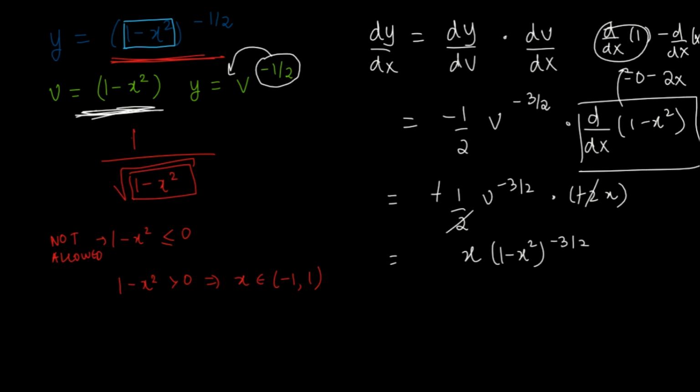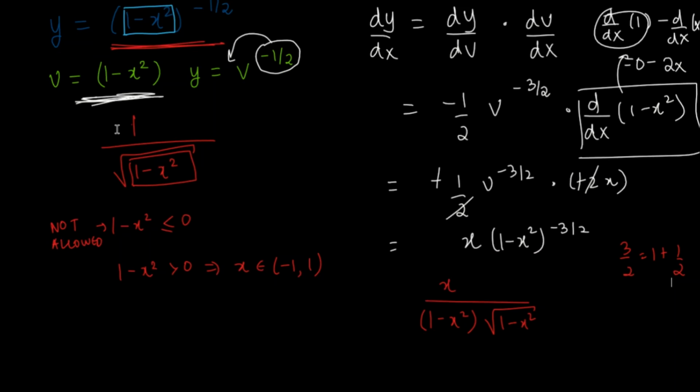This is the derivative. Now, if you just want to check wherever this derivative is defined, this derivative can be written as x over (1 minus x squared) times the square root of 1 minus x squared, right? Because 3 halves can be written as 1 plus half, and I just did that to make it look a bit cleaner.